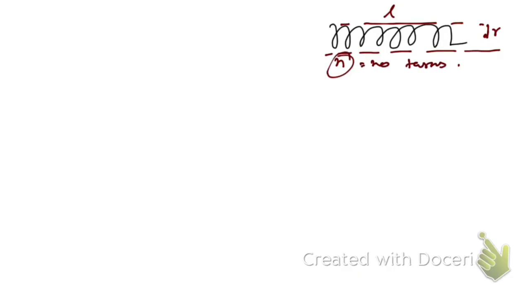n is the number of turns per unit length, right? This is small n, and the current through this coil is suppose I. Okay, so let me write what I have considered.